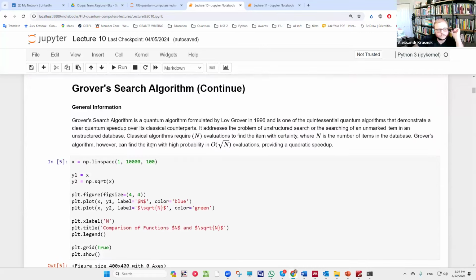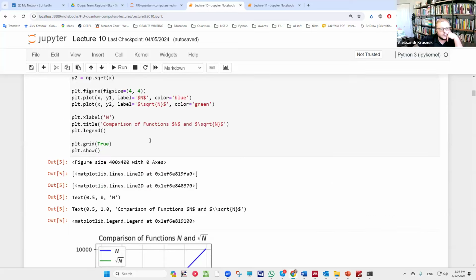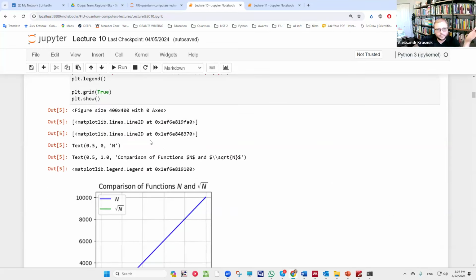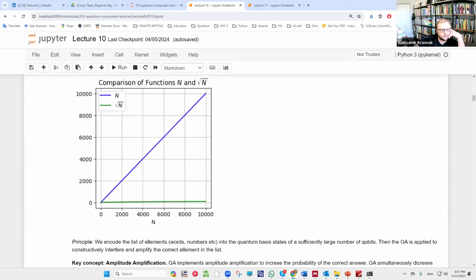The purpose of the Grover search algorithm is to speed up the search among a list or database of elements. These elements can be different information like names, words, phone numbers, literally any list of information.